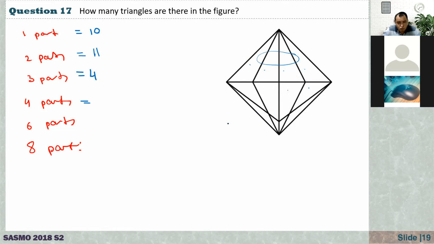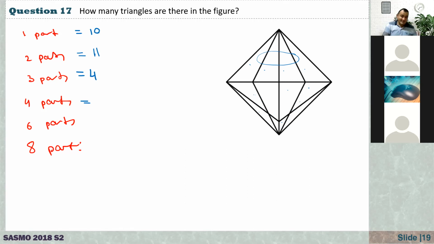Then there is one more. 1, 2, 3, no. 4 parts. There's another one directly underneath it, if you don't count the ones at the edge. See, there's 4 there.